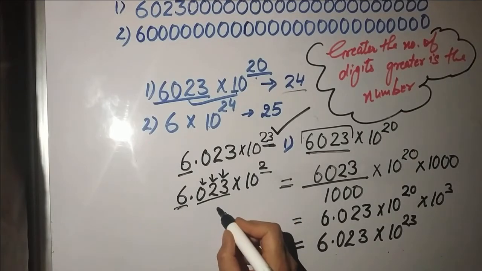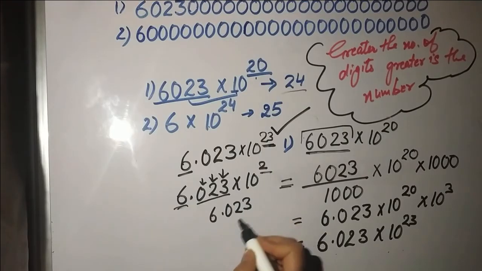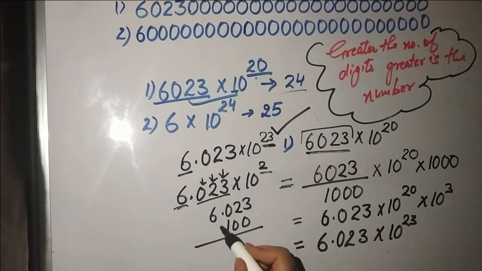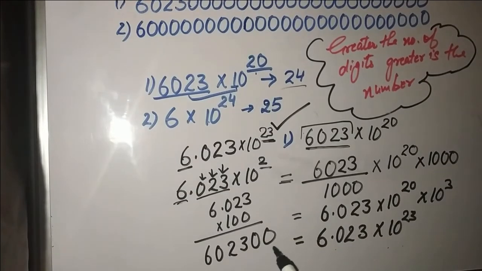Let's see. How do we multiply decimals? By multiplying with 100. There are two ways to multiply them. Suppose I ignore the decimal and multiply with 100. So what is my answer? This.